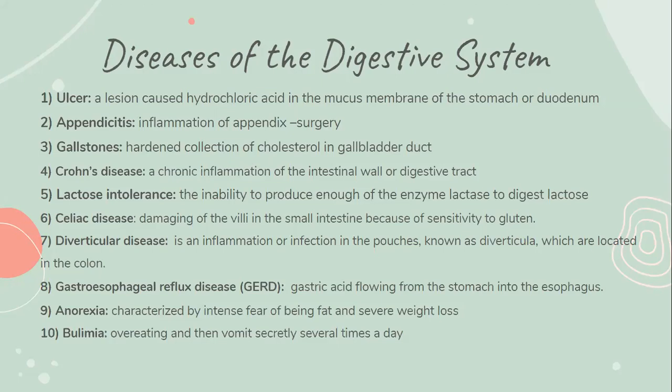Then we have Crohn's disease, which is basically a chronic inflammation of the intestinal wall or digestive tract. People with Crohn's disease really have to watch what they eat, because anything can set off the inflammation, and it's also very painful. Then we got lactose intolerance, which is very common, which is the inability to produce enough of the enzyme lactase to digest lactose.